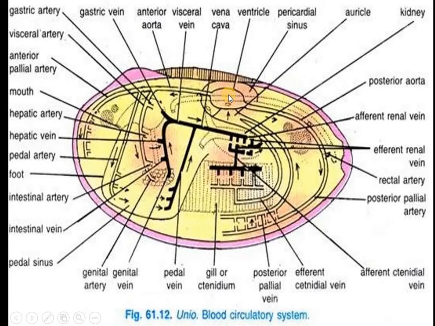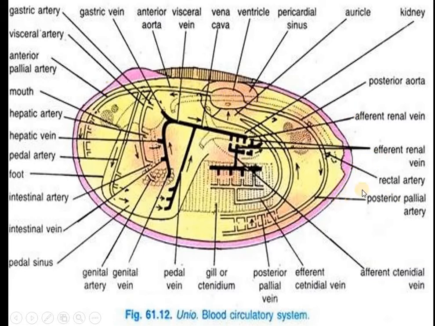There is one ventricle and two auricles surrounded by the pericardium, and here we find the arteries. This artery is the anterior pallial artery, and there is a posterior pallial artery.